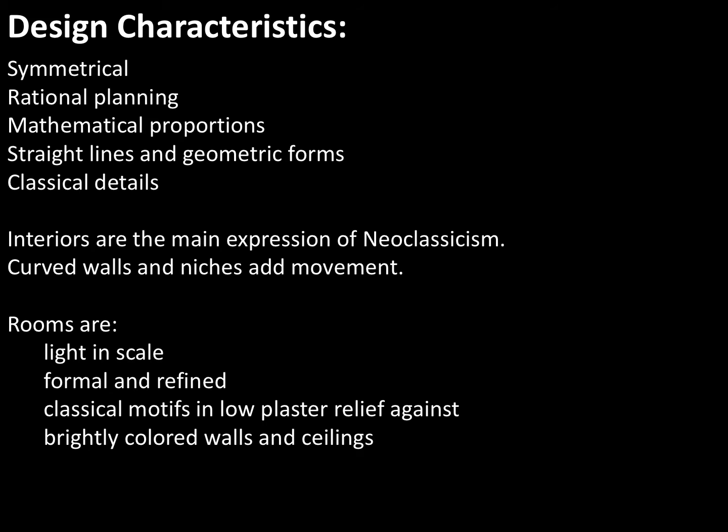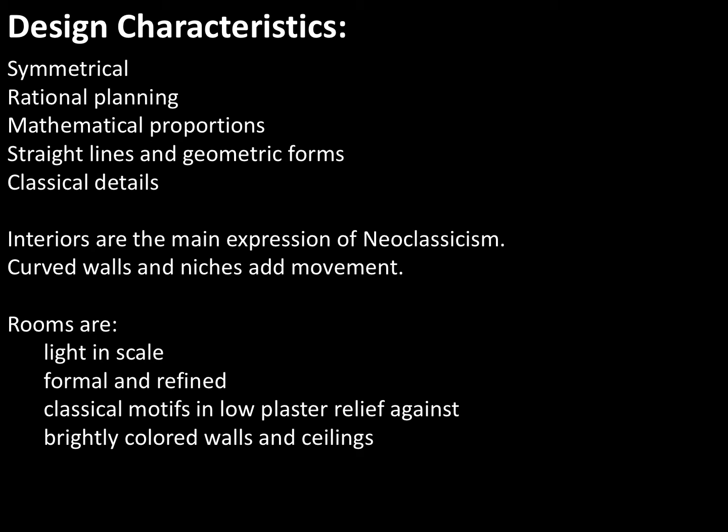So in general, we're going to see that the rooms are light in scale and color, that they're very formal, very refined and elegant. We have a lot of classical motifs, but they're in very, very low plaster relief. They're not carved deeply. They're very, very low.